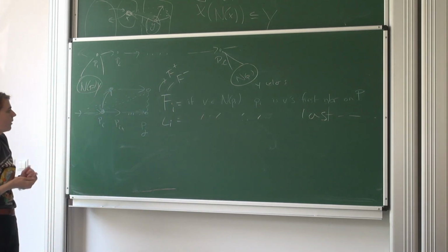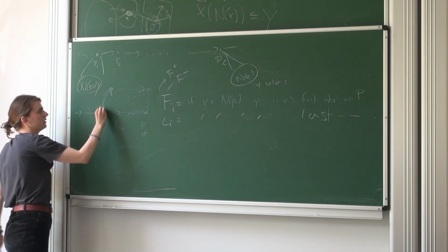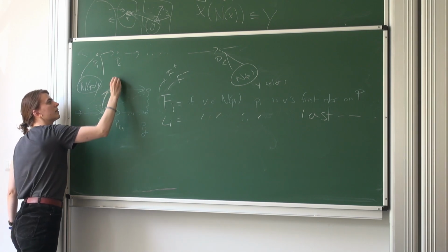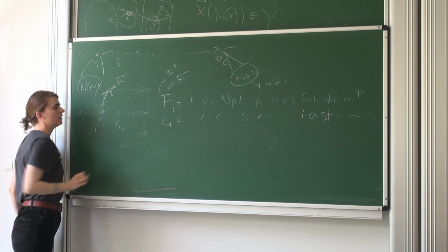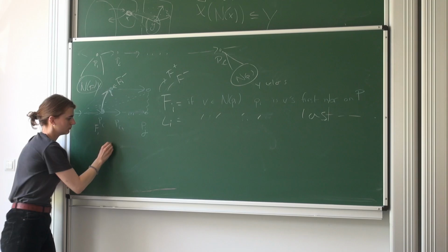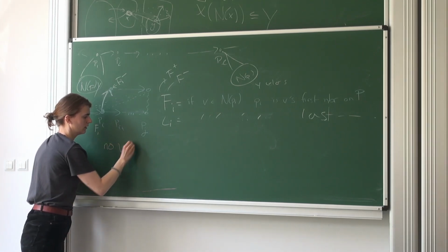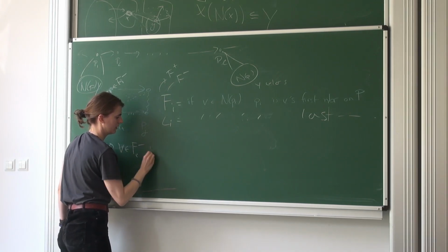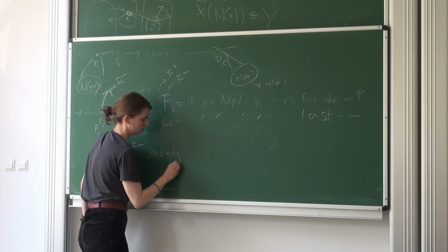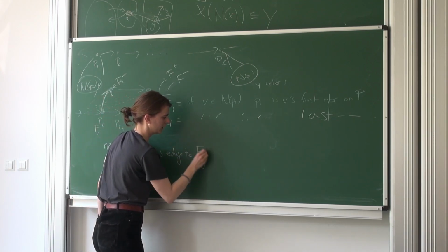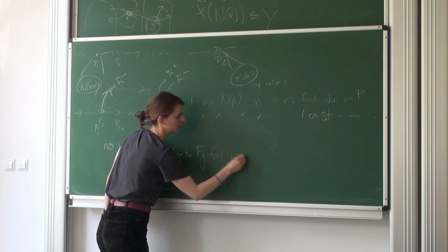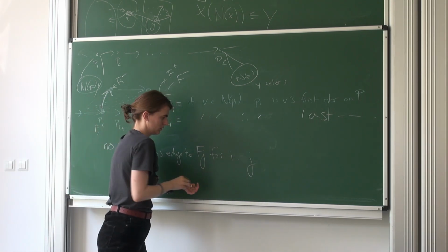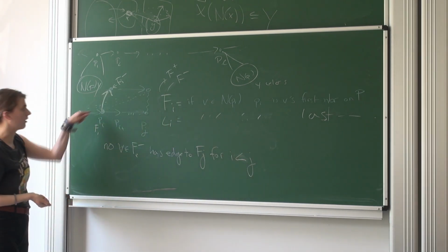And basically what this observation says is that fi minus has an edge to j, no, the other way around, because otherwise you get this P4.